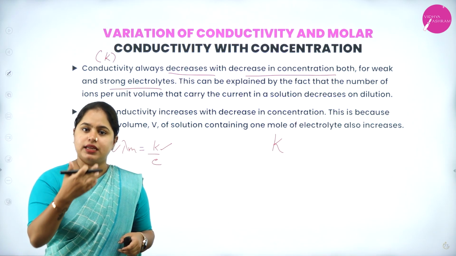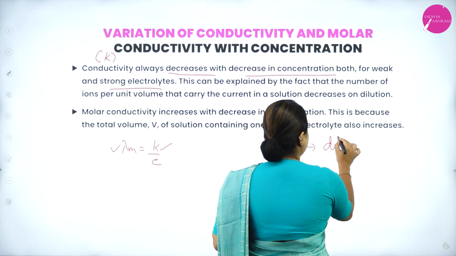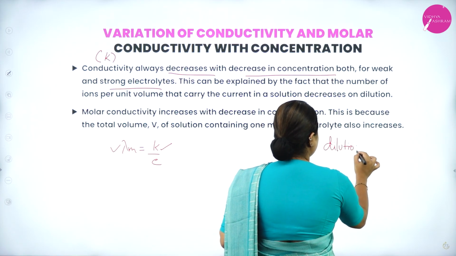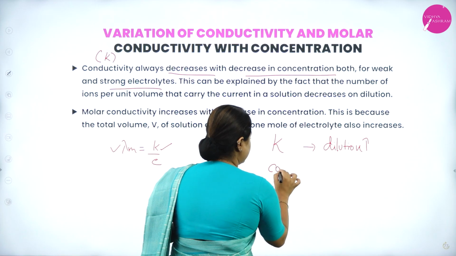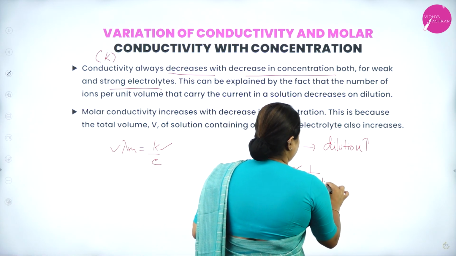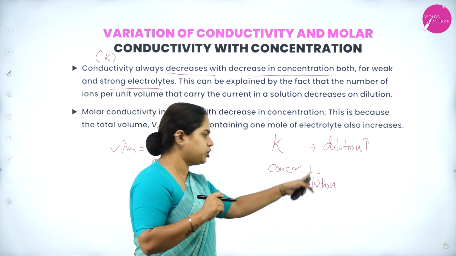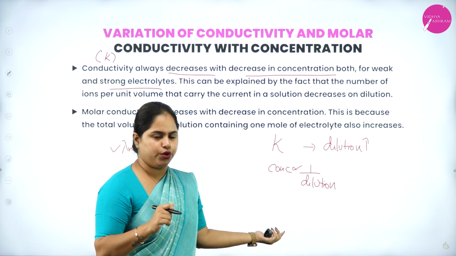As we are decreasing the concentration, decreasing concentration means what? We are increasing the dilution. So, can I say that concentration is inversely proportional to dilution? Yes, right. When I am adding more and more water, what is happening? Dilution is going to increase, concentration is going to decrease.